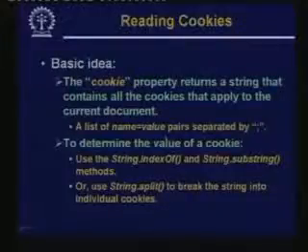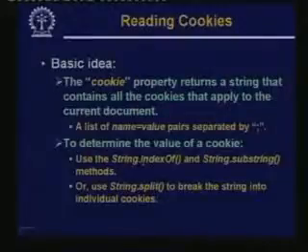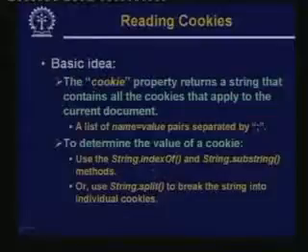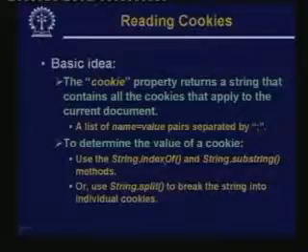Okay. Now, let us see how we can access or determine the value of a particular cookie. Now, we shall see an example. We shall be using the indexOf and the split function that are available on string objects. JavaScript supports a number of methods on string objects. We shall be using indexOf and split.